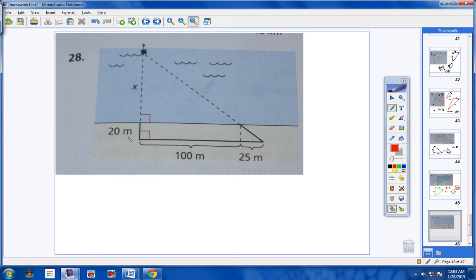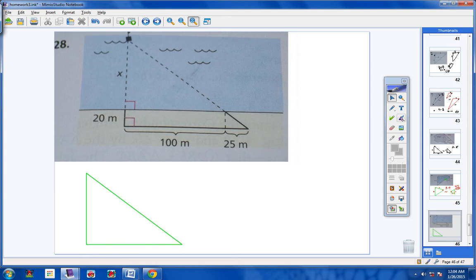Okay, same thing again, guys. So we have two triangles. Here's the smaller triangle right here. There we go. Now let's see, right angle here, right angle here.